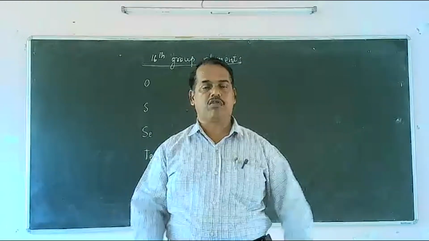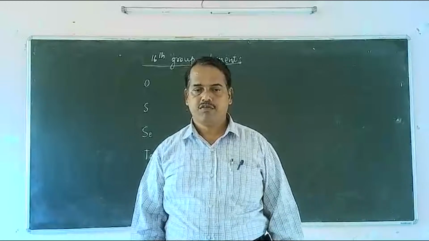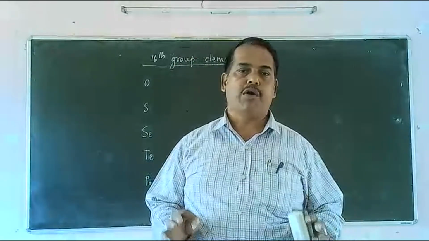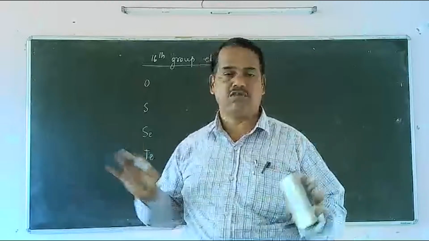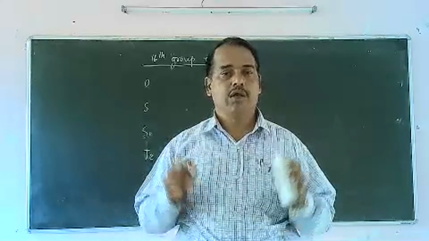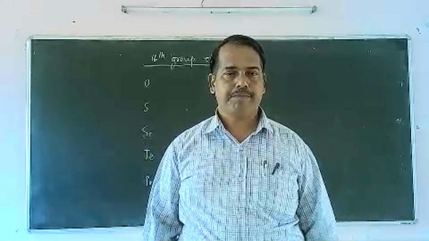See how these elements occur in our earth crust, in our universe. See, oxygen, dioxygen, nearly 46.6% by mass. There we can find oxygen. As it is more electronegative, it can combine with many metals and non-metals.